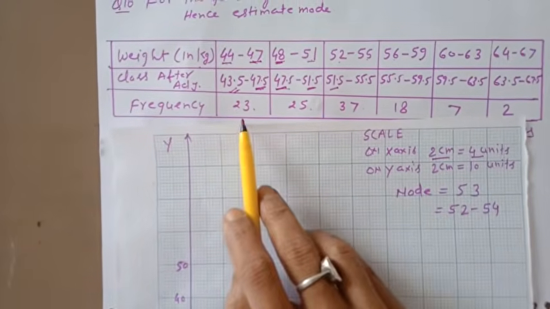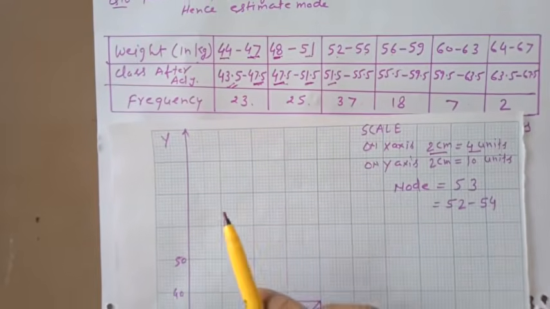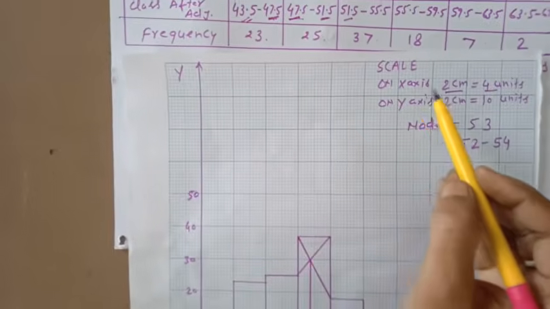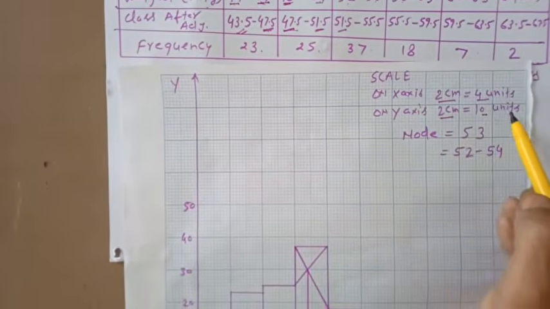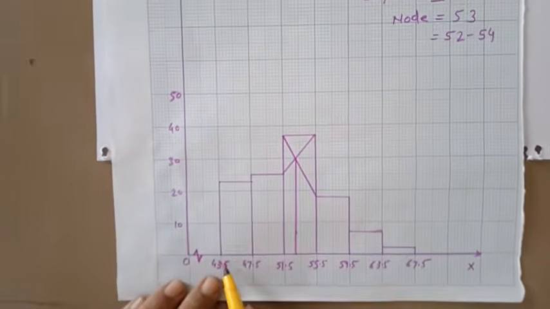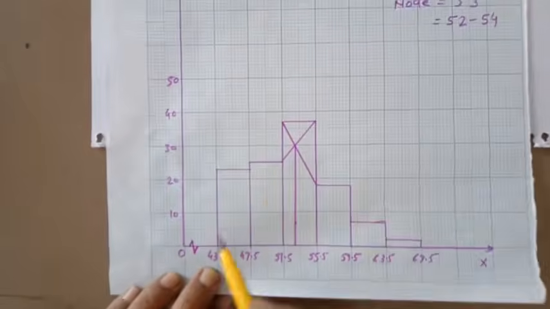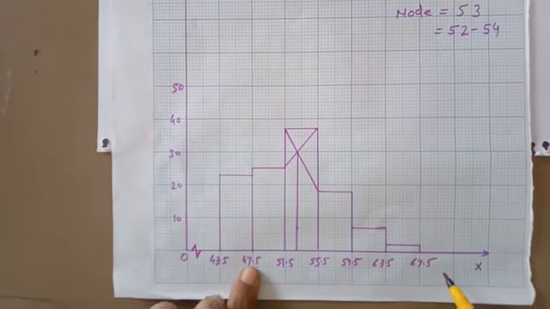And here we have 23, 25, 37. The maximum is 37. So we have taken on the y-axis 2 centimeter equal to 10 units. Then here we will write 43.5. Next will be 47.5. The difference of 4 we will write.